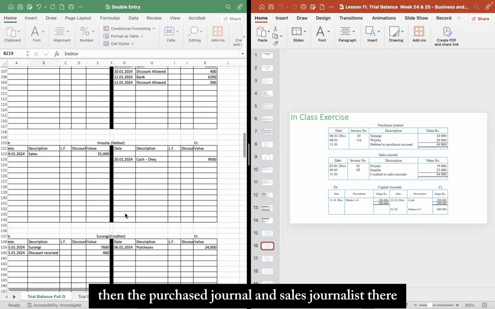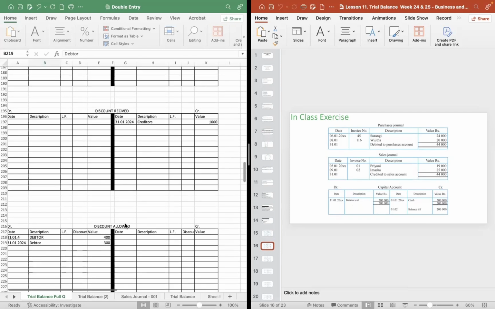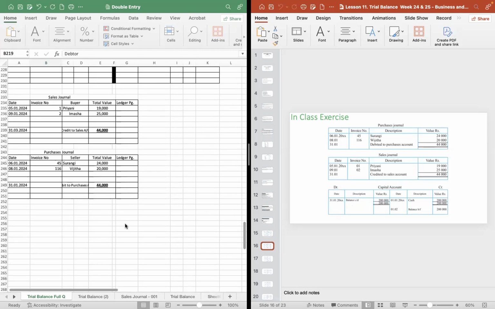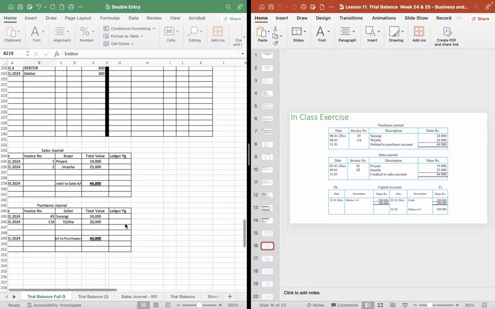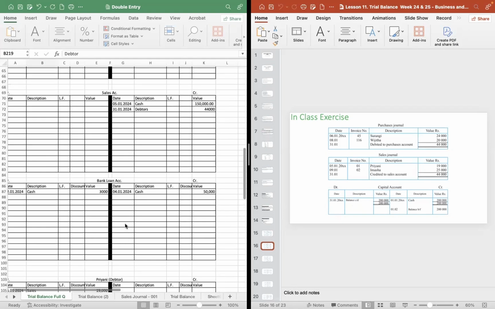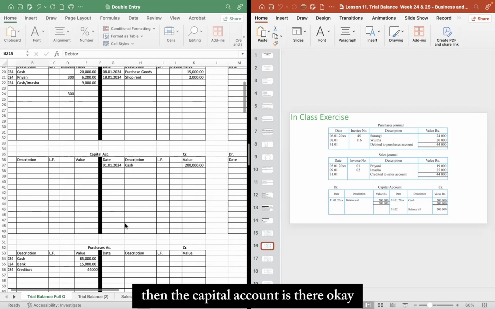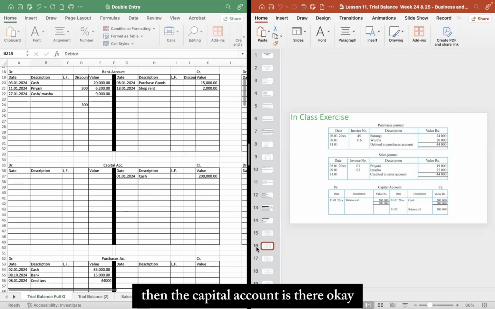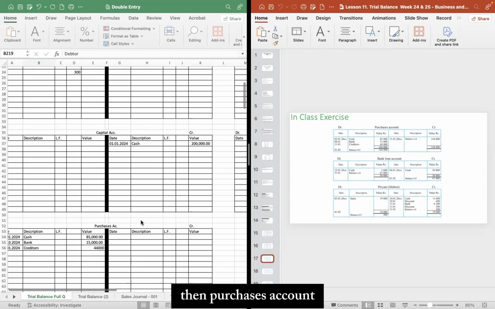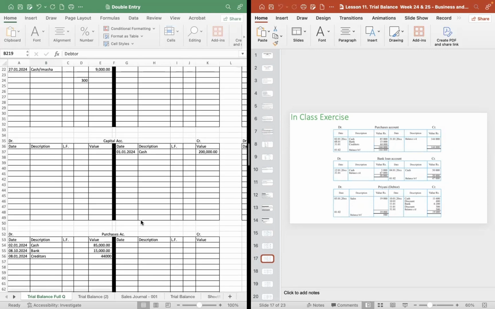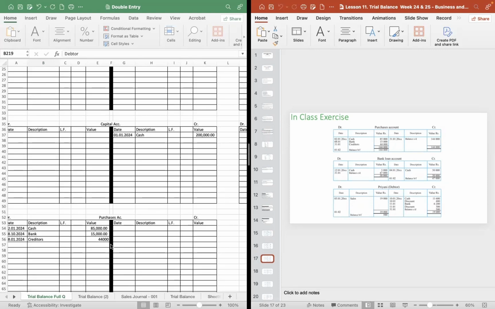Then the purchases journal and sales journal are there. Sales journal is okay. Then the capital account is there. Then purchases account, 85. That's correct.